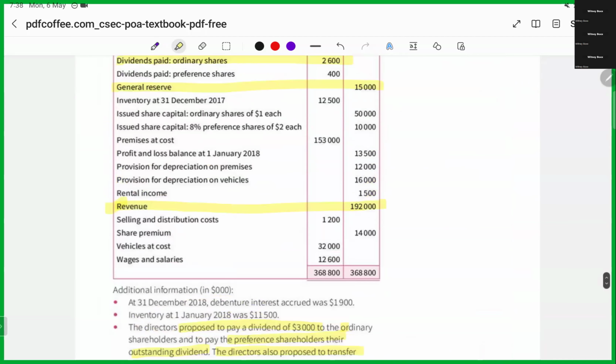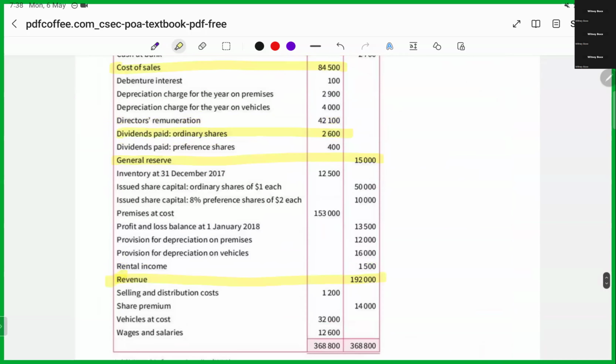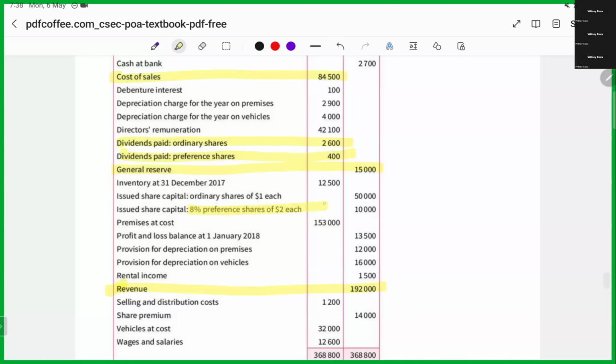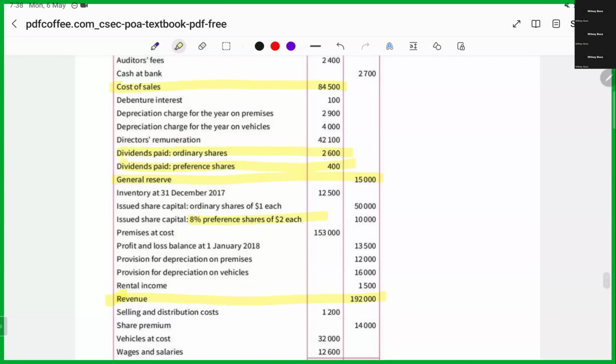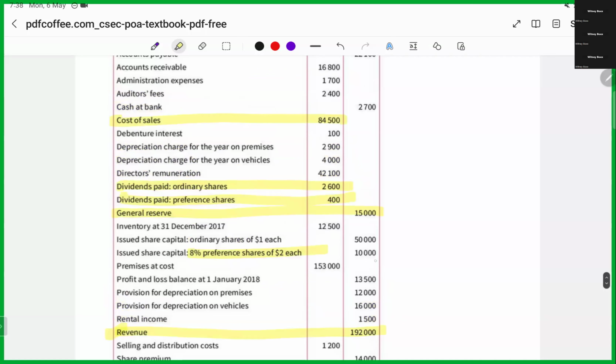400. Let's look at the rate that they have. Let's find our preference shares. It's 8% preference shares at $2 each. So if we're working with 8% preference shares, look at the monetary value for your preference shares. The monetary value is $10,000.